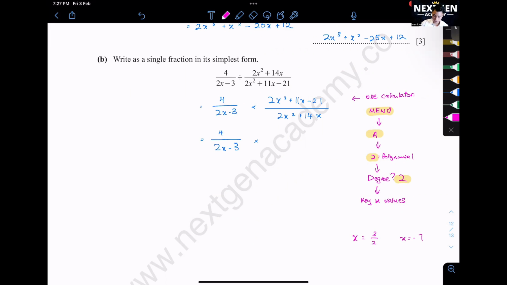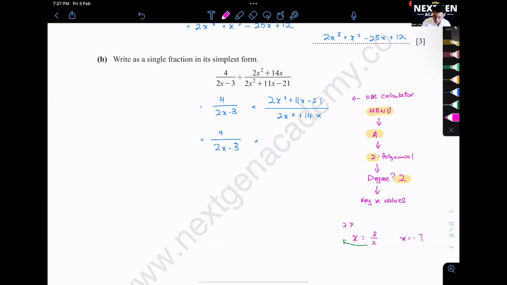So we do the smarter way. In case in the exam you don't know how to factorize, we just use the calculator to work backwards. We get the answer first. If it's a decimal or fraction, you change it to a fraction first. First step, you multiply the denominator.